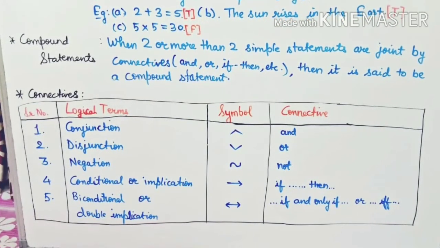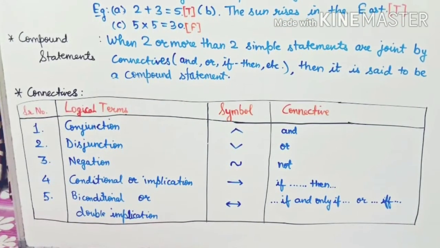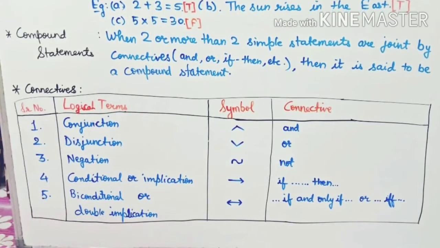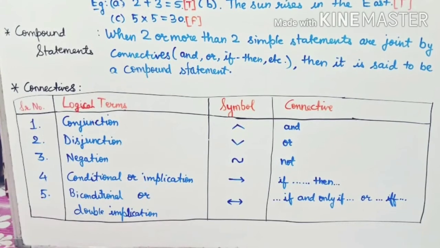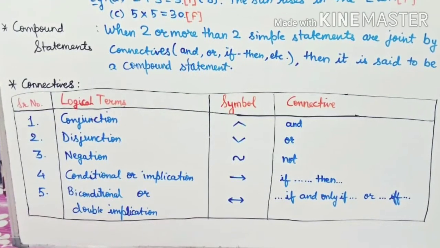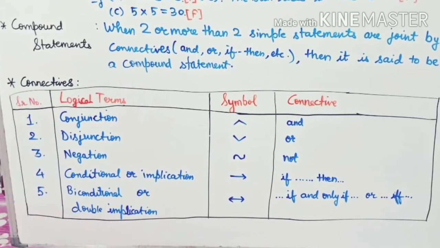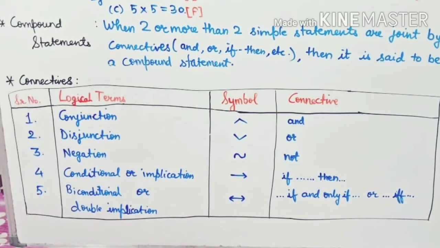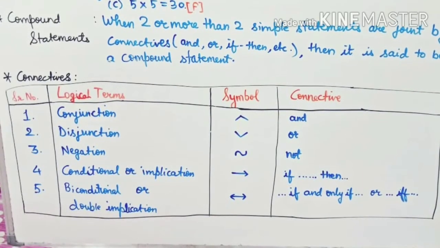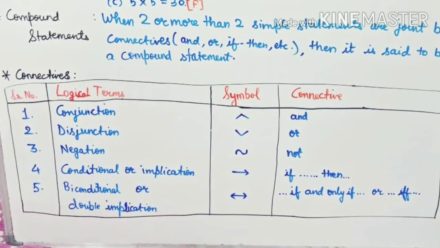Negation. The connective is not. Conditional or implication, it means if one statement then another statement. Biconditional or double implication, it is nothing but if and only if, or iff.